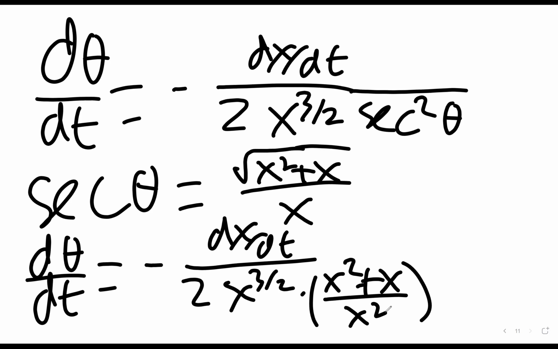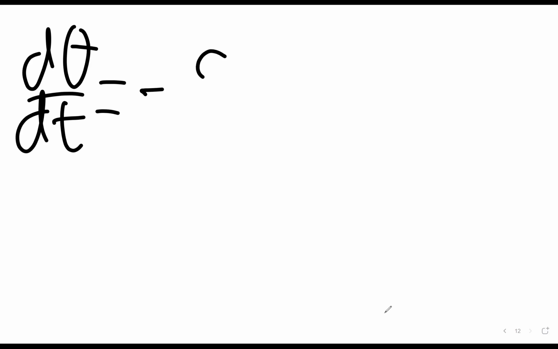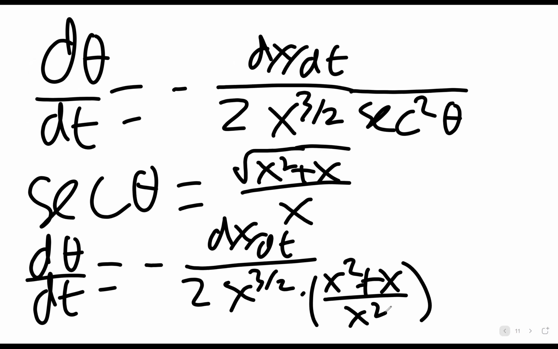Actually, we can simplify this to have dθ/dt equals minus dx/dt, and then I have 2 x to the power 3 over 2. So first let us simplify this one. That will be x to the power half. x to 3 over 2, x squared, x half.